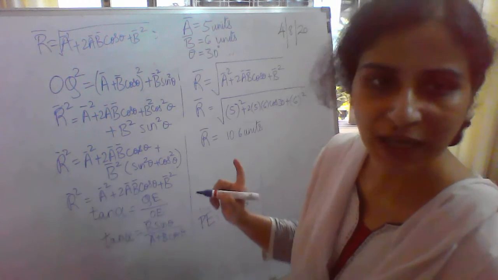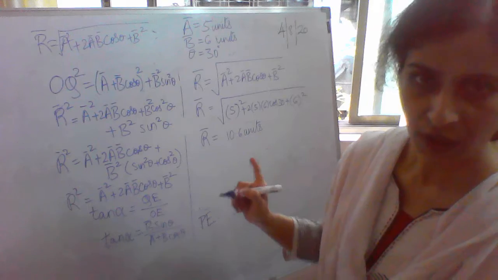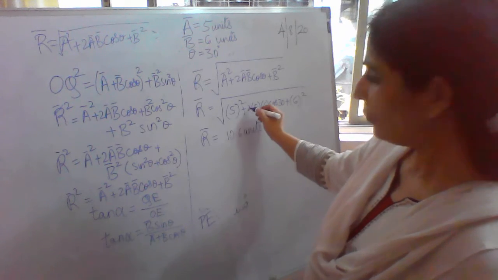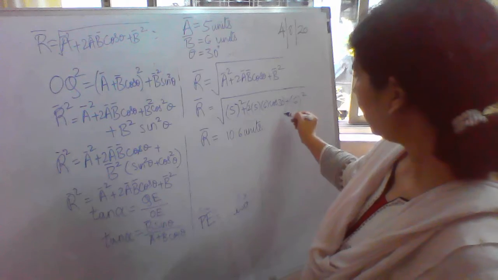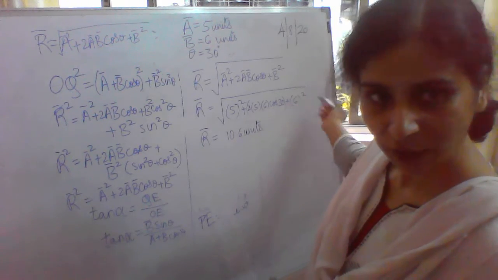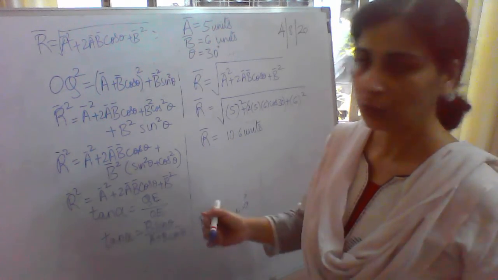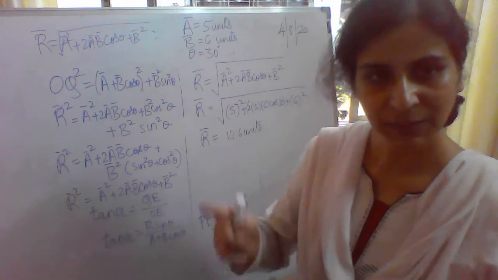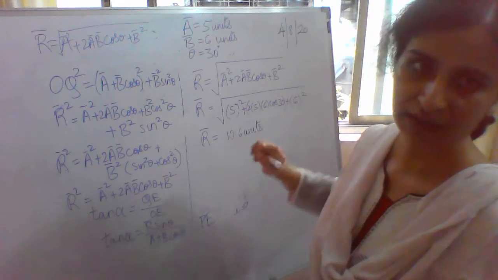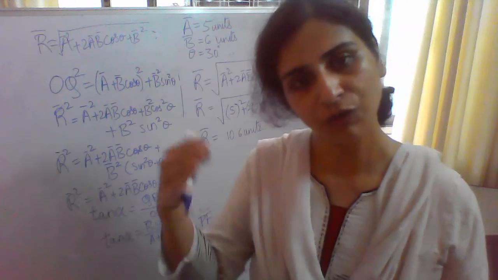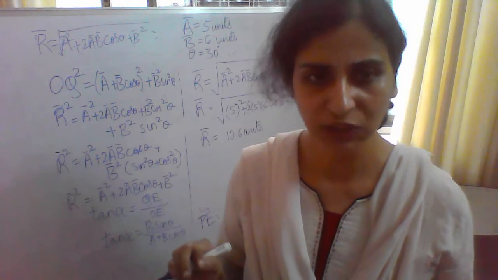Don't forget doing under root at the end of it. So you should do it. When you are doing it in the calculator, put this one into a bracket and then do the next addition. So you do 5 square plus bracket, close the bracket, plus 6 square. When you get the answer, then go for under root. Otherwise you will get wrong answers on the calculator.